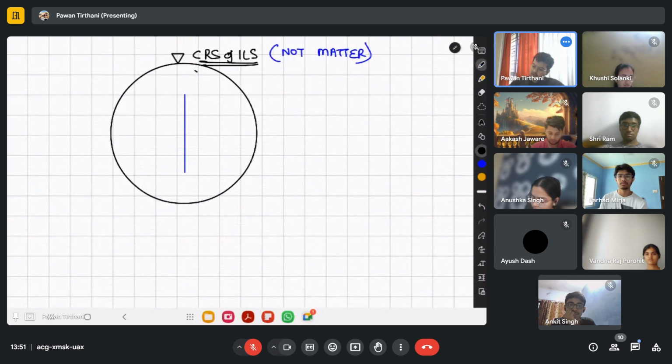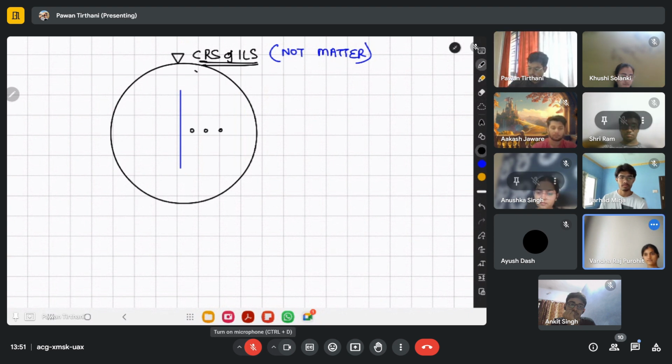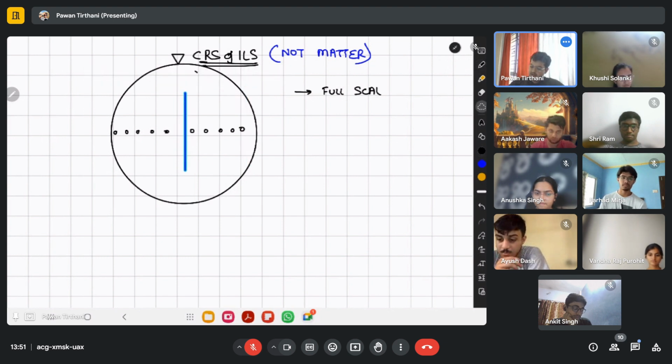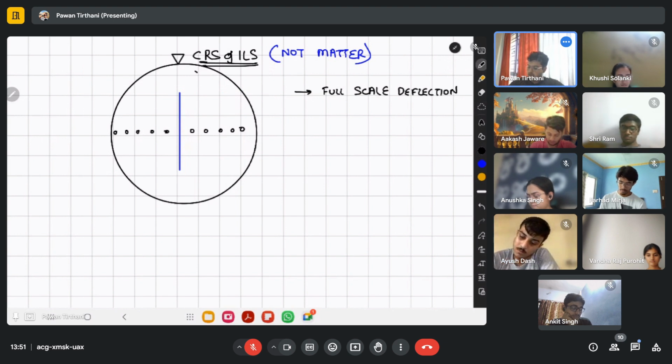in a VOR, one full scale deflection was how many degrees? 10 degrees, everyone agrees? Yes, but here the full scale deflection, full scale meaning the needle is at the extremity, is 2.5 degrees only.